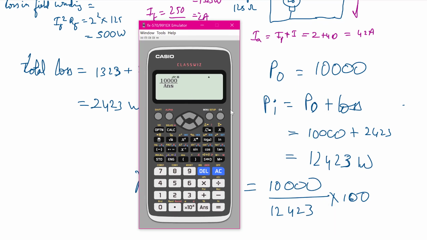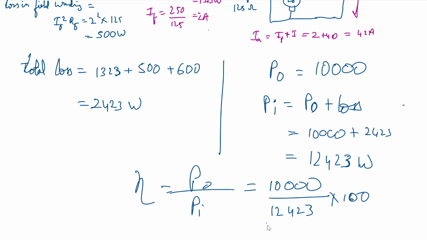So we got 0.8 into 100, which is 80.49, or 80.5%. Okay, so this is the efficiency of our generator. We have the efficiency of our generator.